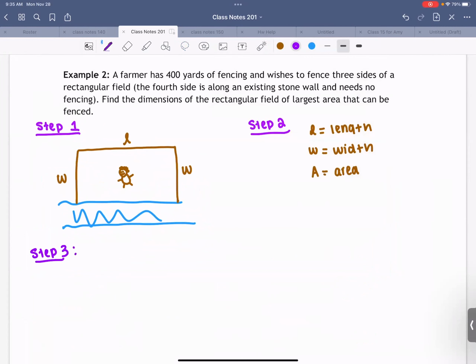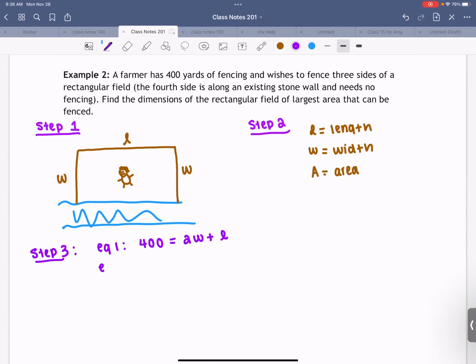Going up to step number 3, we have the same equation for the area, but our equation 1 is a little bit different. Equation 1 in this situation was we wanted to take the perimeter of our fence. We had 400 yards of fencing all around, and that was still equal to 2W plus L, because we had 2W and 1L.